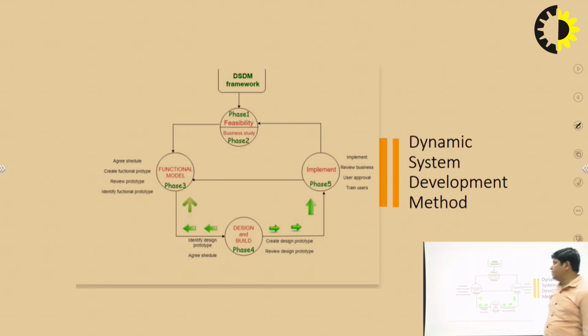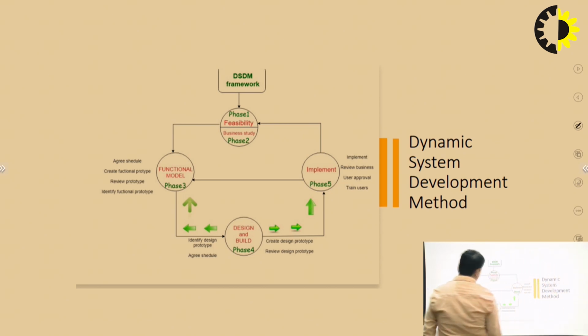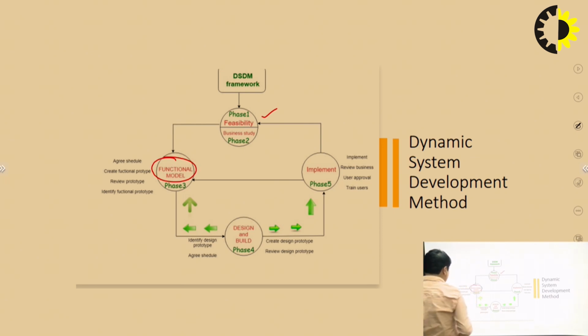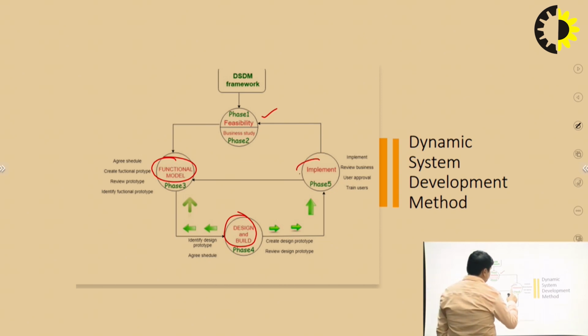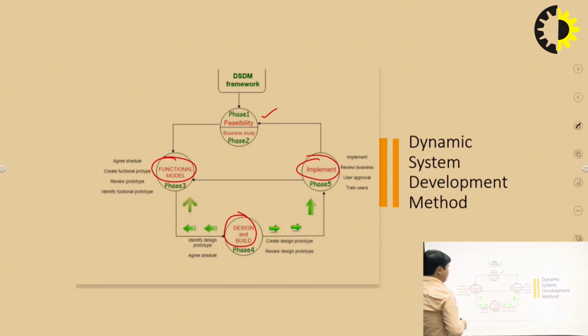This is the framework. In phase 1, first we analyze the feasibility study. Then inside phase 3, we create the functional model. Then in phase 4, we design and build the system, and finally we start the implementation. Basically the most important steps inside these models are: agree schedules, create functional prototype, review prototype, and identify functional prototype.